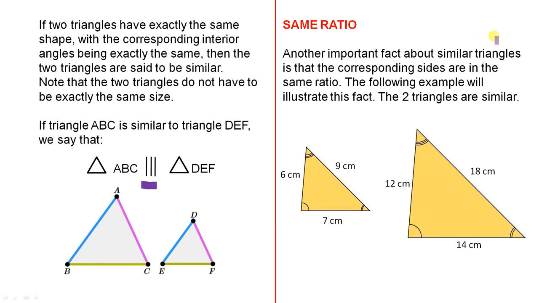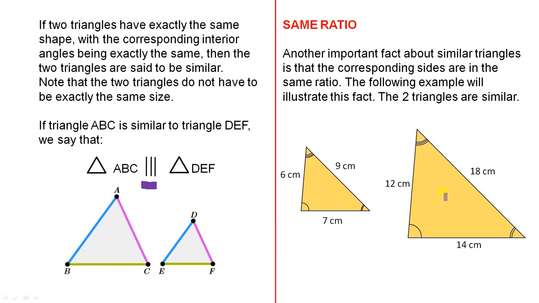Another important fact about similar triangles is that the corresponding sides are in the same ratio. The following example will illustrate this fact. The two triangles are similar. So here we have a triangle where the sides are 6 centimeters, 7 centimeters and 9 centimeters. This triangle here is similar to this one.